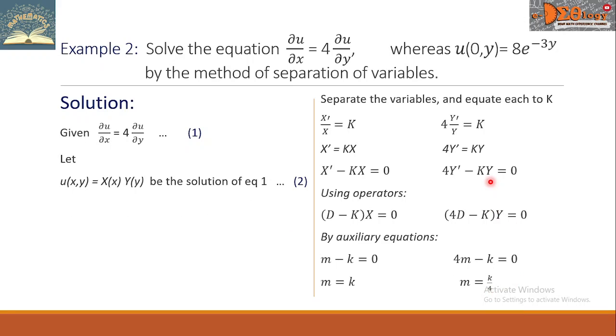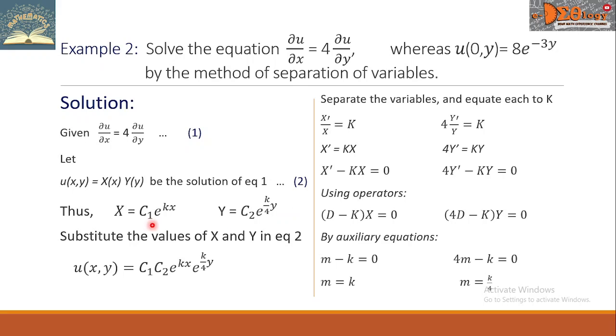It means to say we're going to write the respective equations. Capital X equals c sub 1 times e raised to kx. The next equation is capital Y equals c sub 2 times e raised to k over 4 times y.